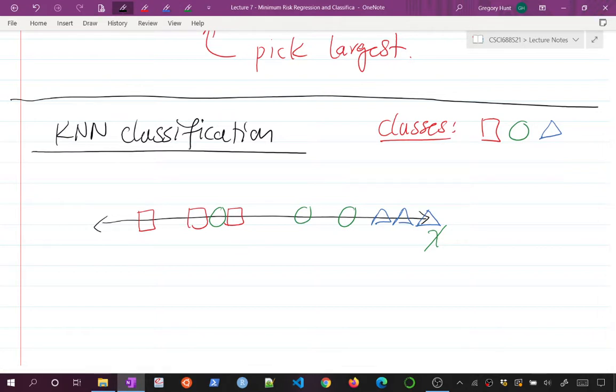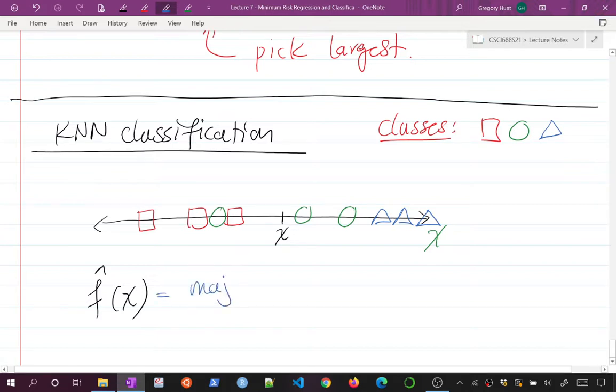And if I have a new point I want to classify, maybe my new point is here, what do I do? I'm going to look at my neighbors for my KNN classification. I'm going to look at the k nearest neighbors. Let me write this out.